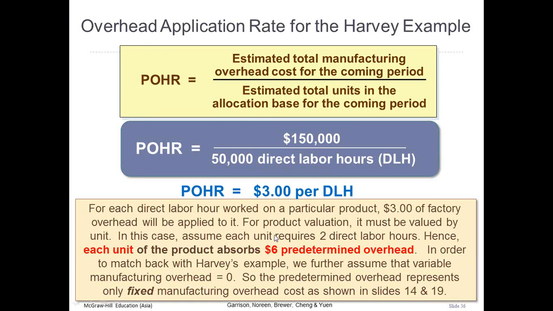And in the example with Harvey Company, Harvey's predetermined overhead rate was $3 per direct labor hour. Assume it takes 2 direct labor hours to complete a unit of product, so it applies $6, which would be $3 times 2 hours, of manufacturing overhead cost to each unit of the product.